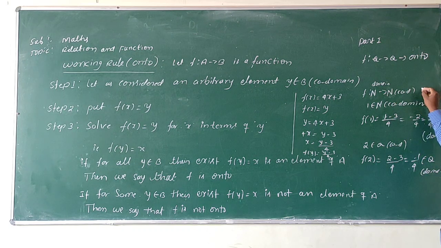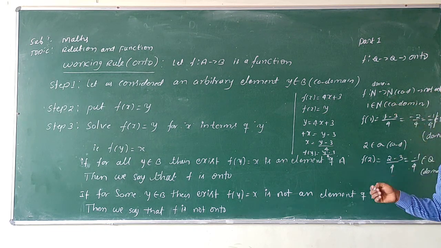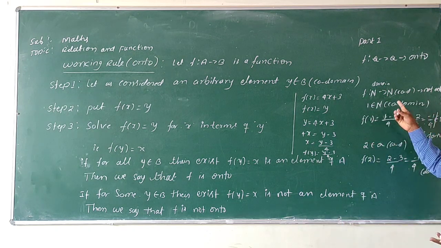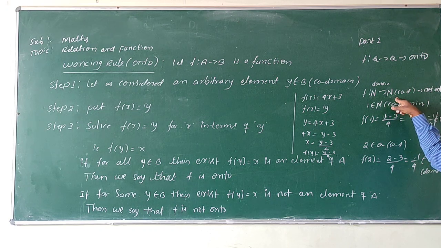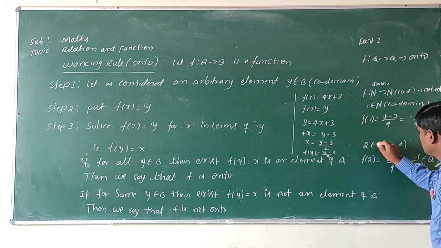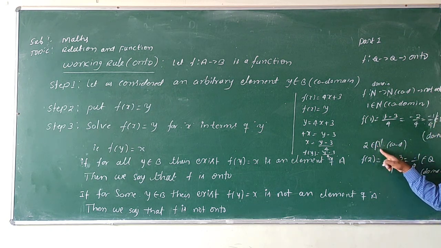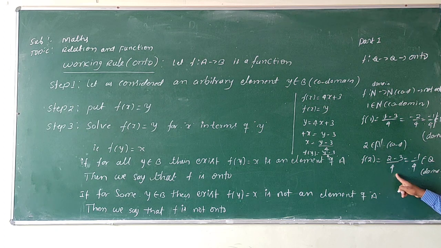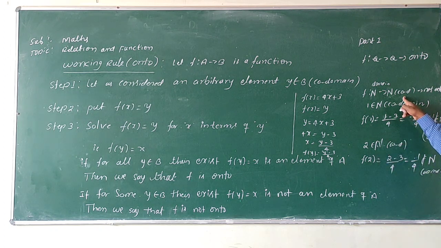Why? We have given one counter example; any one counter example shows the definition is not satisfied. Take 2, a natural number in the codomain: f of 2 is 2 minus 3 divided by 4, that is minus 1 by 4, which does not belong to the natural numbers. That means 2 is in the codomain but has no pre-image in the domain.